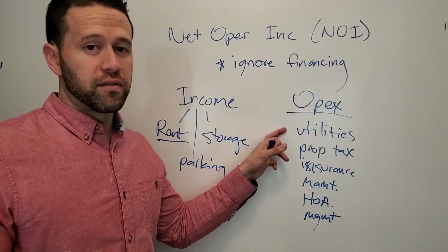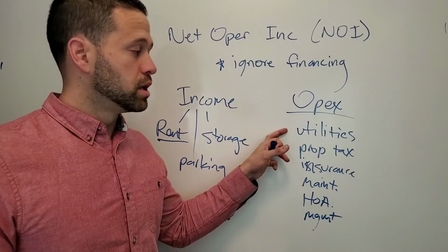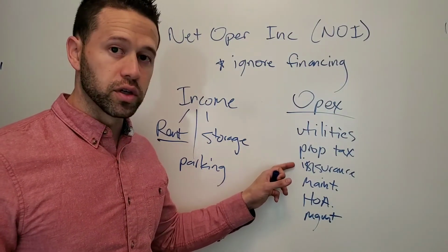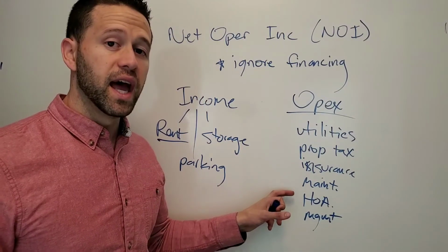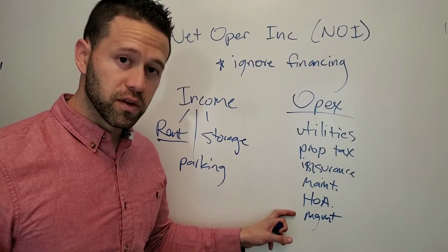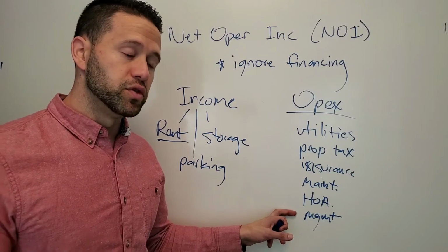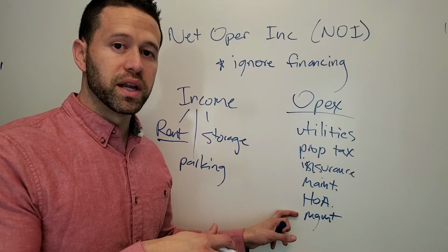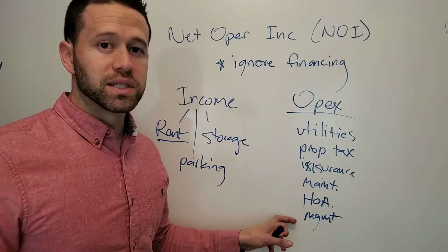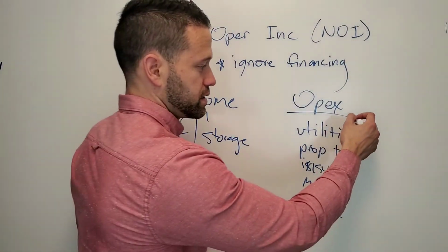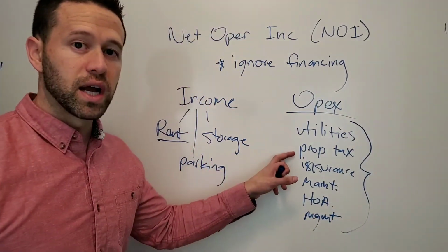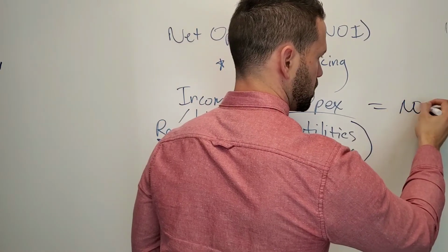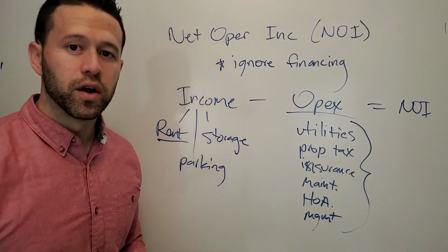If you are taking on any of the utilities, then the utilities are an ongoing cost to you. Property tax, insurance, maintenance and repairs, HOA dues, the management of the property if you have a property manager. If you don't have a property manager, you should probably include the cost of your own time in managing the property because your time is not free. So all of these get subtracted from the rents, and that will give you your NOI.